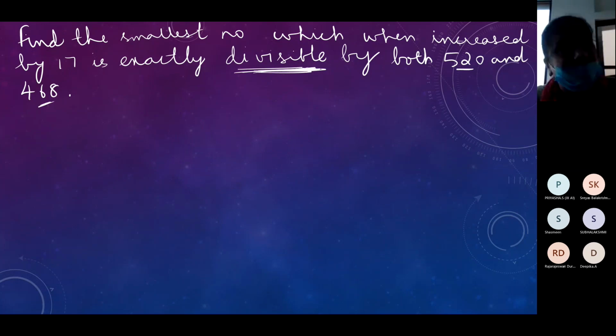If you have to find the LCM, you must first find the LCM and then do the addition, subtraction, whatever.